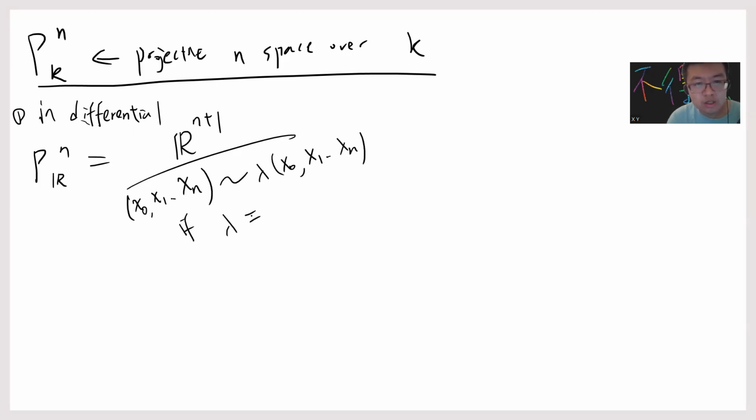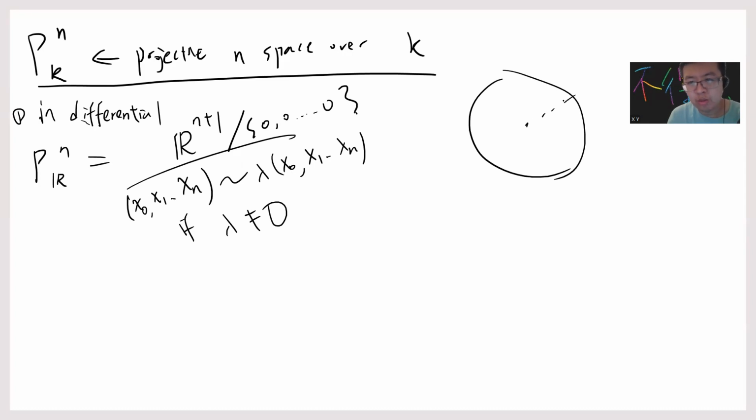If lambda is non-zero, by this definition you need to remove the origin, because the origin is ill-defined. Basically you quotient out by the scaling lambda, and you neglect this lambda.